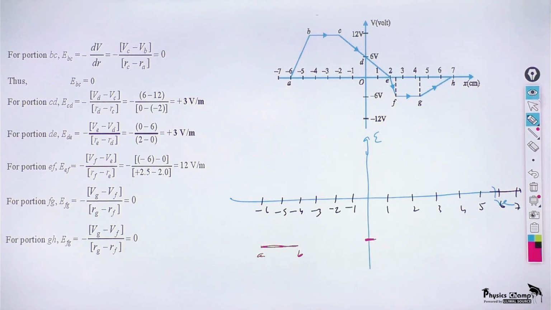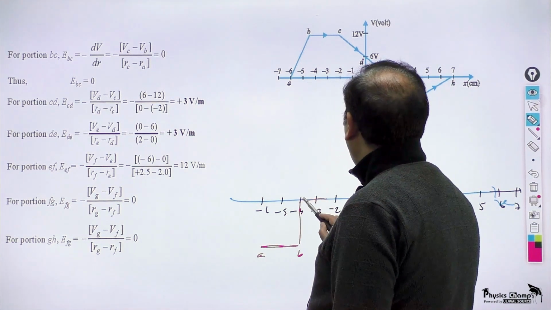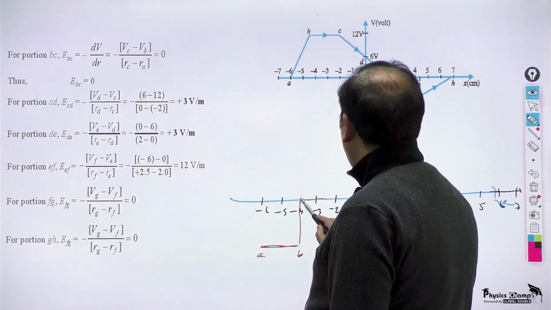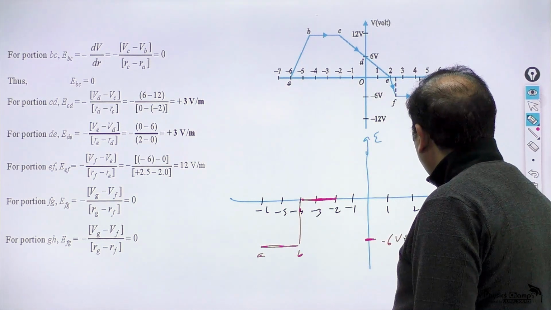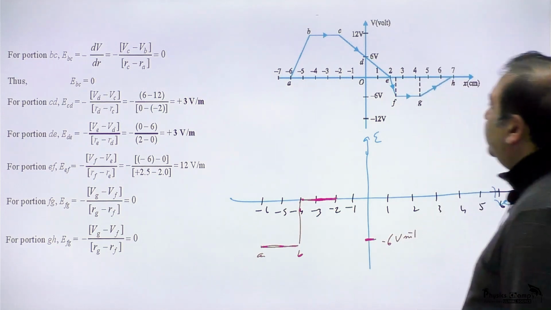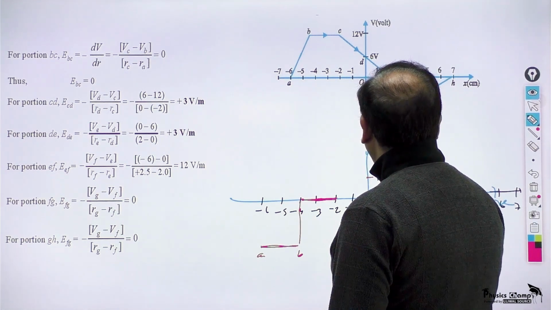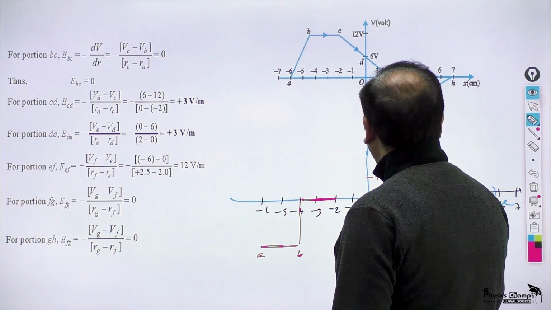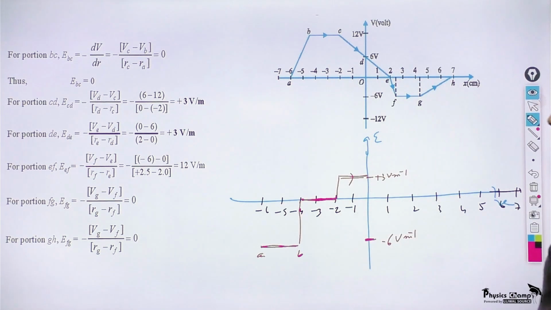For the second portion B to C, the electric field is having 0 value. So I would plot B to C, the electric field to have 0 value. Then for C to D, the electric field is having a value +3 volt per meter.